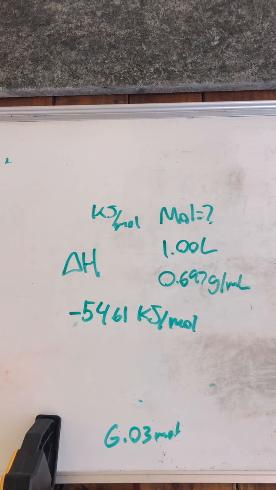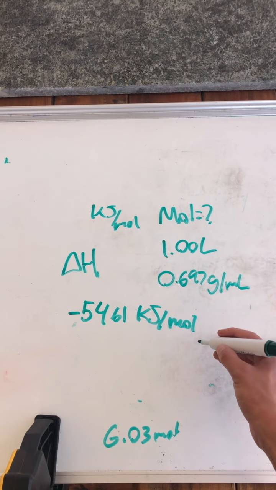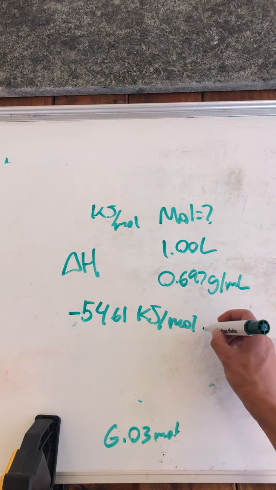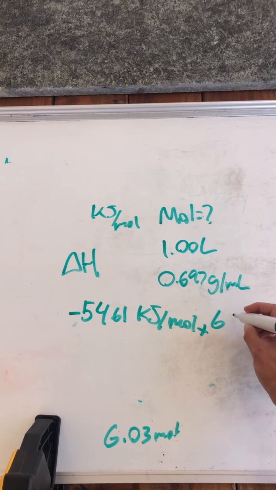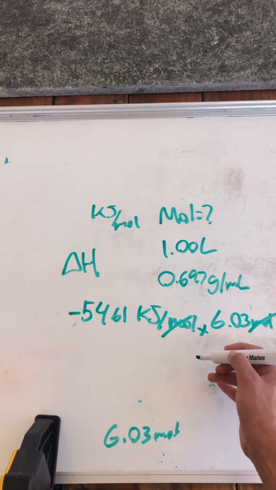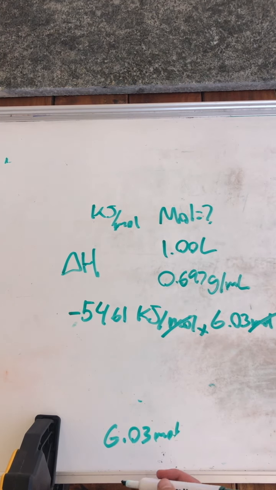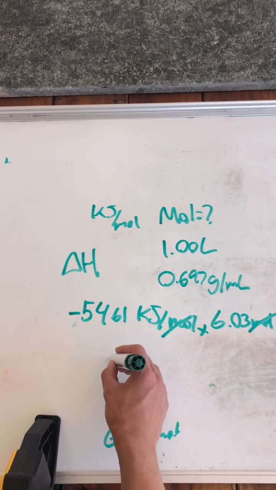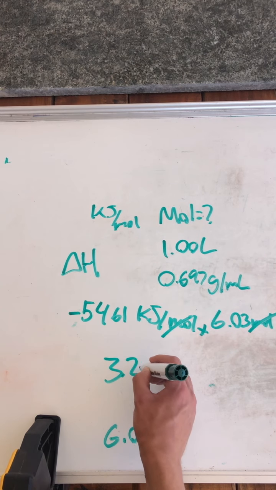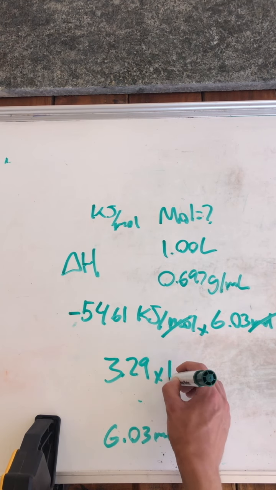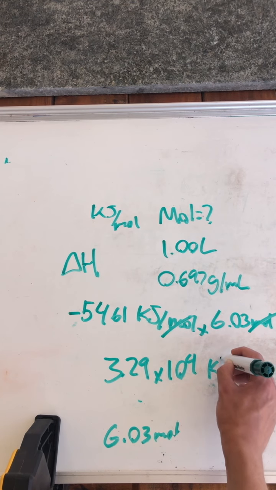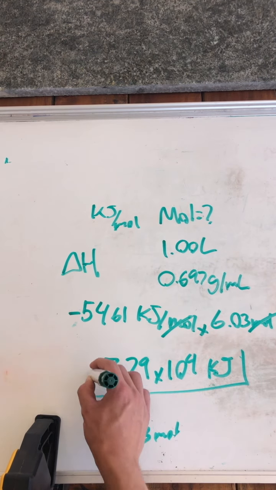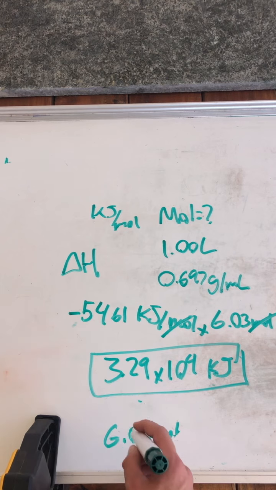It's a lot of energy released. Now, since this is per mole, we can multiply it by our 6.03 moles. Moles will cancel, and we'll get our answer in kilojoules. So you should come out to roughly 3.29 times 10 to the 4th kilojoules as the amount of heat produced.